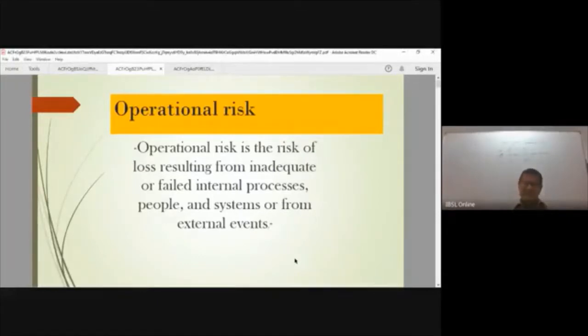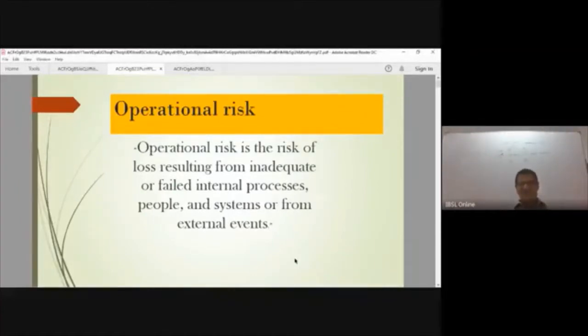Then people, the employees. If employees are either negligent or incompetent, they can make mistakes. Or if they are fraudulent, they can willfully steal data, they can steal money. Then that situation is also called operational risk.